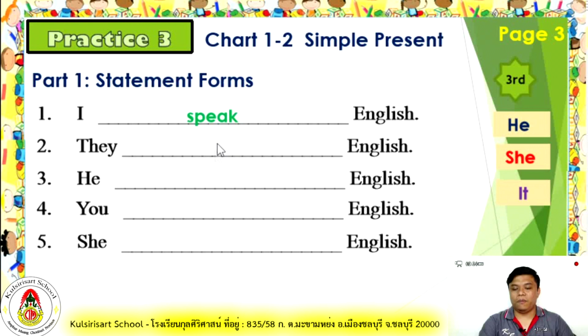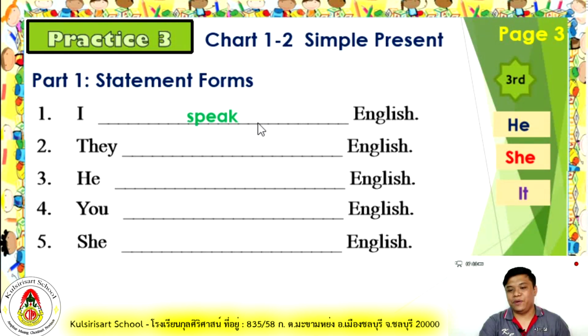But how about the pronouns he, she, and it? What do you think is the answer? He, she, and it are third person singular. These pronouns take a verb with what?